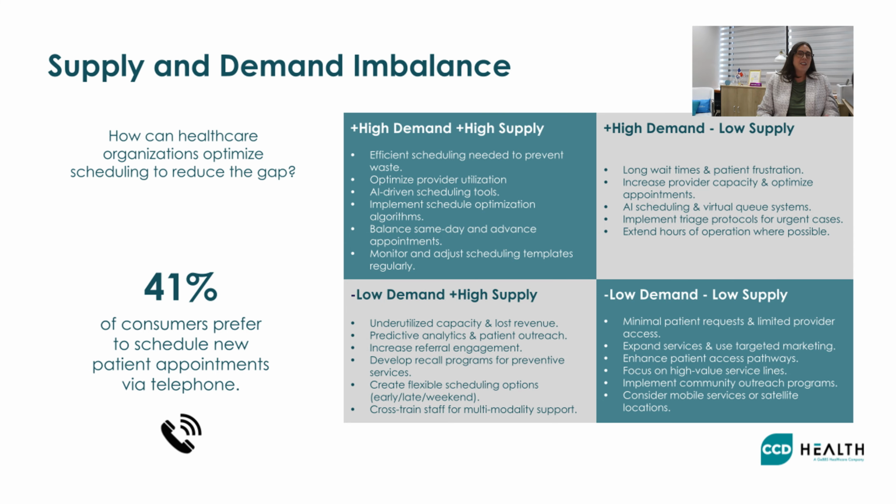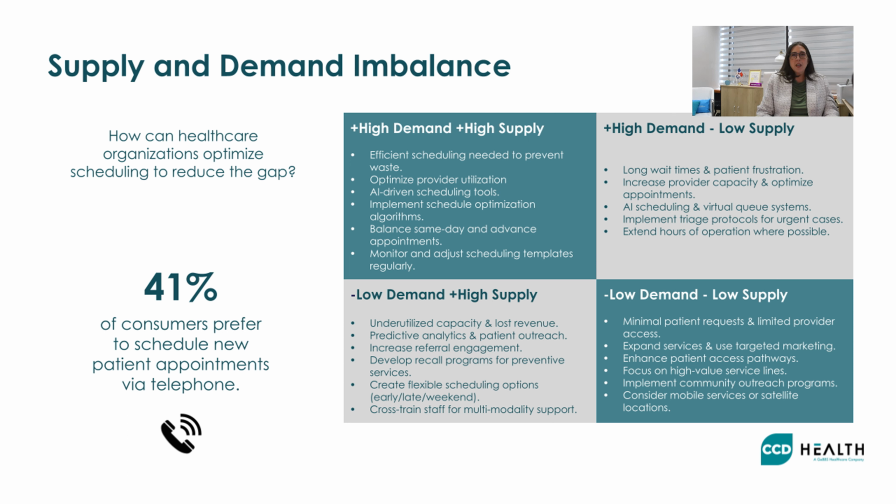Ideally, a lot of folks like this quadrant, but it could be very fragile because poor scheduling can lead to patient frustration, or underutilized providers at the different physician offices, or underutilized equipment at the different outpatient centers that process imaging, for example. This quadrant is ideal for implementing AI-driven scheduling tools so that you could automatically fill those different slots and optimize the utilization.